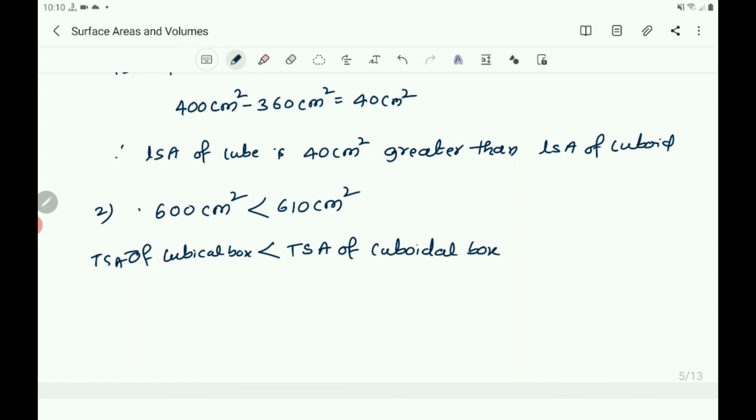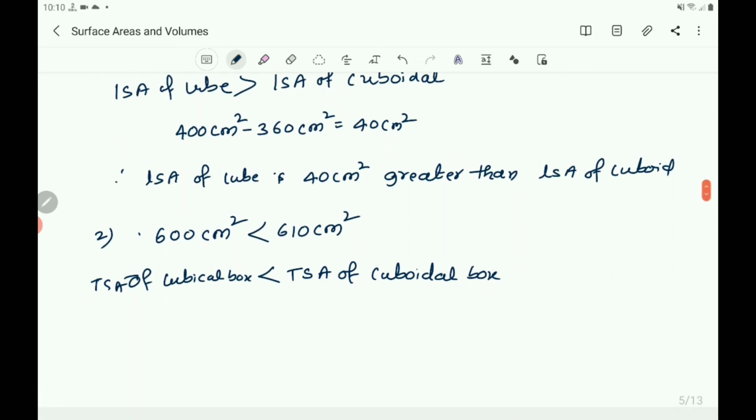How much is it? 610 minus 600 equals 10 cm square. How much less is it?